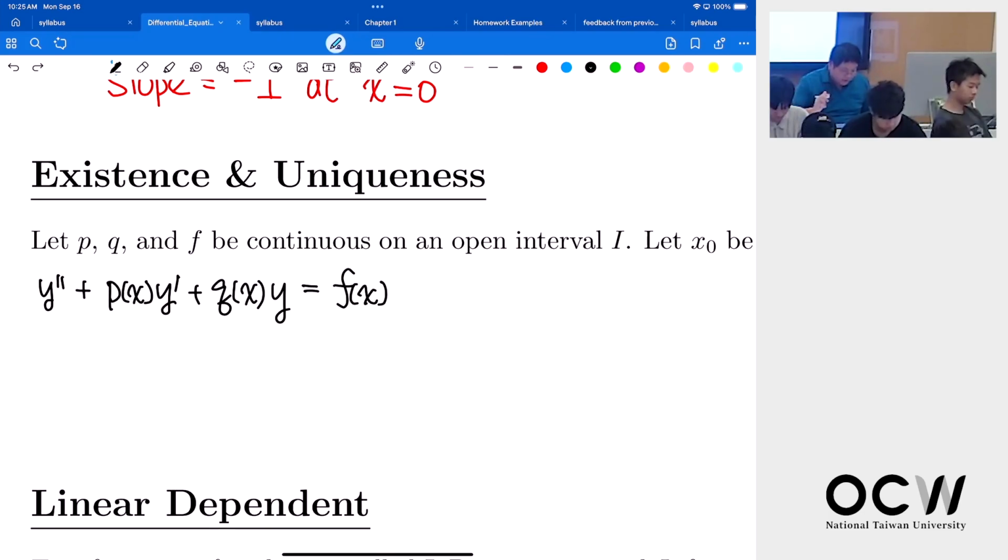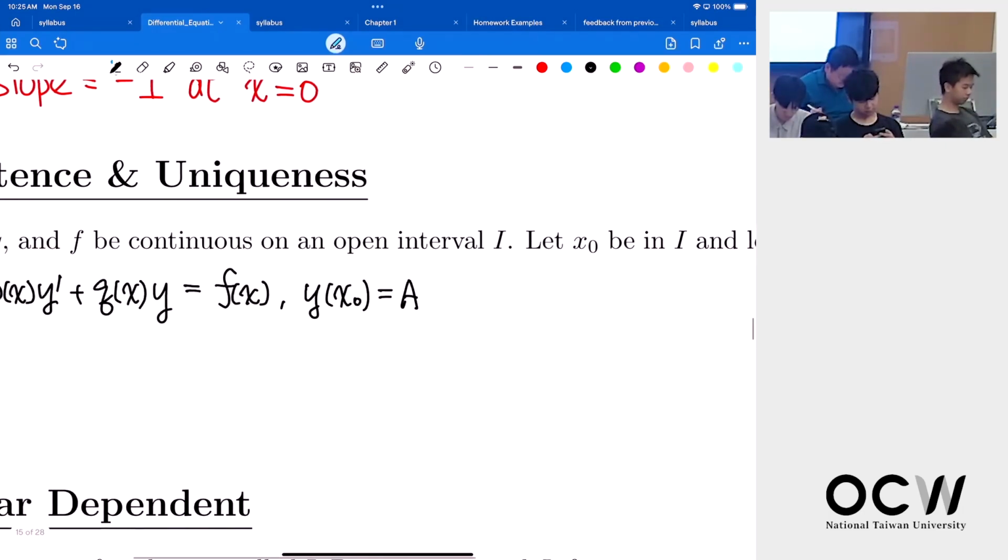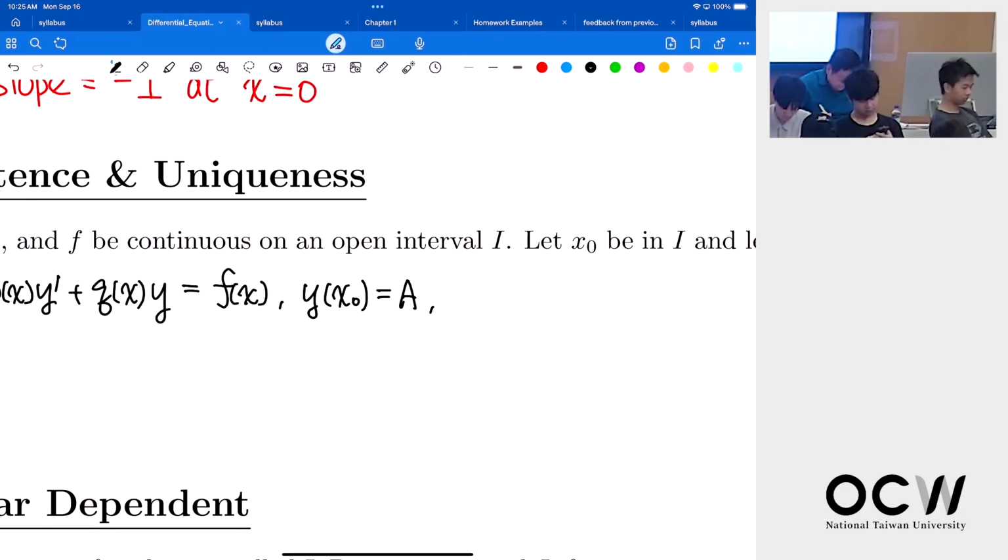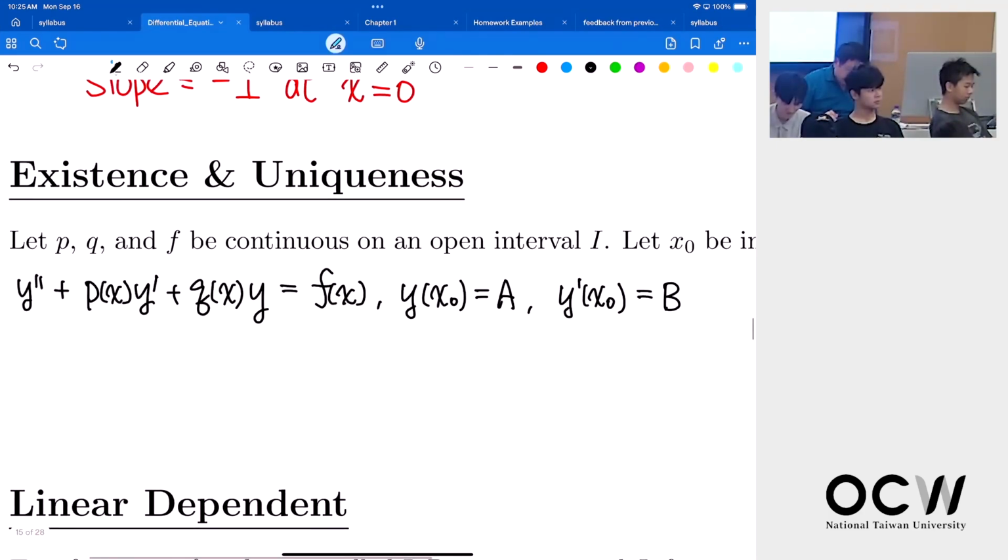This linear second order differential equation with the initial conditions y of x naught is a, and when we take the derivative, which is a slope, y prime of x naught is b. In this case, we have a unique solution.